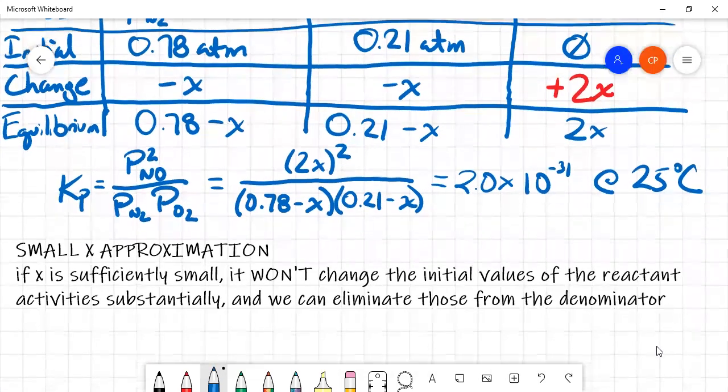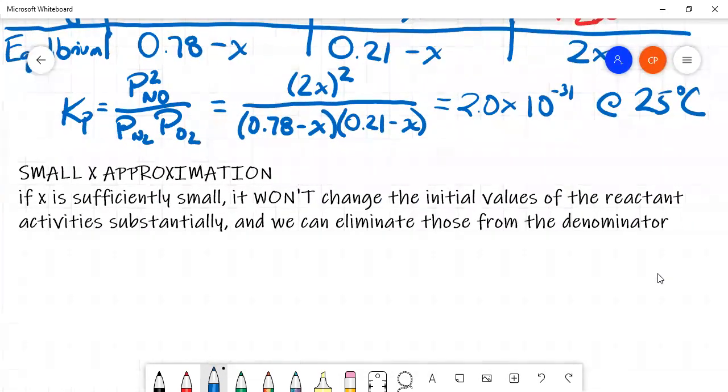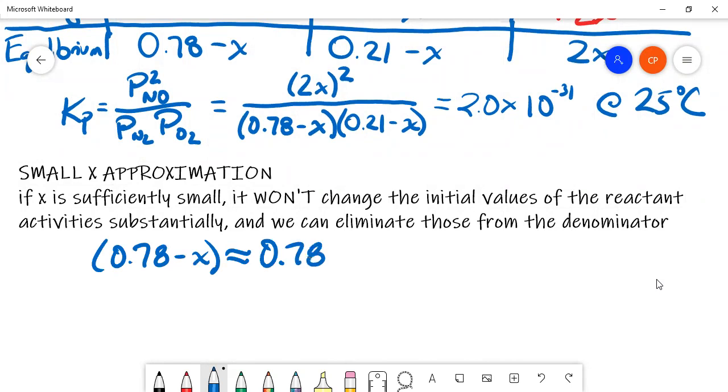In other words, what I'm telling you in this small x approximation is that 0.78 minus x is going to be very, very near to 0.78. And 0.21 minus x is going to be very, very near to 0.21. And that's going to be how I get out of quadratic jail in the denominator.